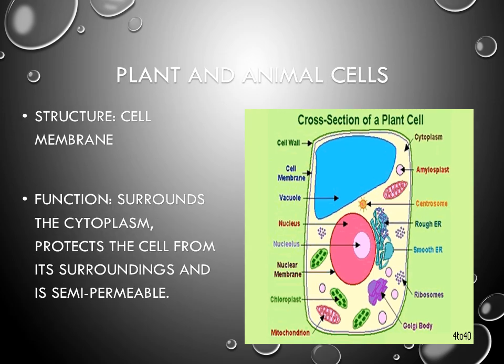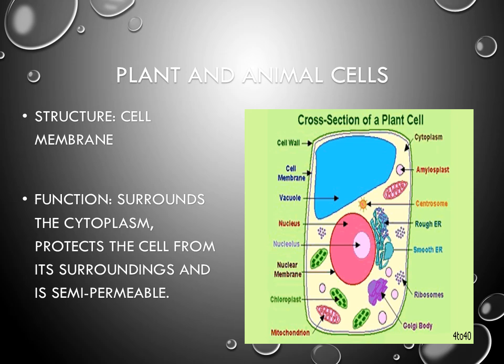The next structure is a cell membrane. Both plant and animal cells have a cell membrane. The function of the cell membrane is to basically protect the cell from its surroundings, and it keeps the cytoplasm all in place. So it's the outside covering that keeps all of the cytoplasm in place, and it protects it. It is semi-permeable, which means it is sort of like a sponge in that it lets some materials through the cell wall.